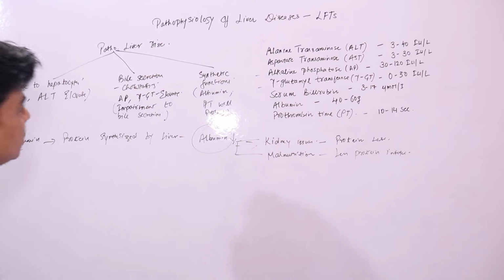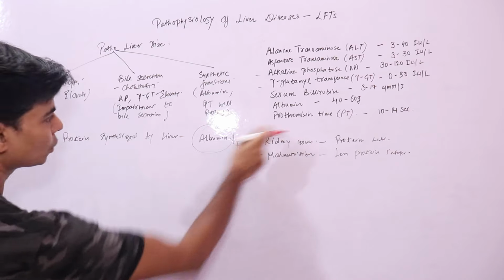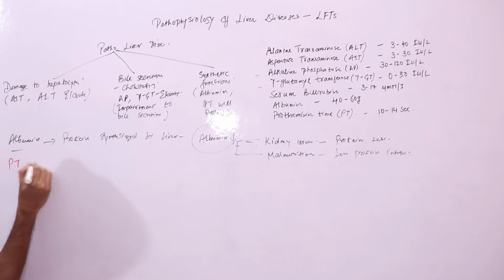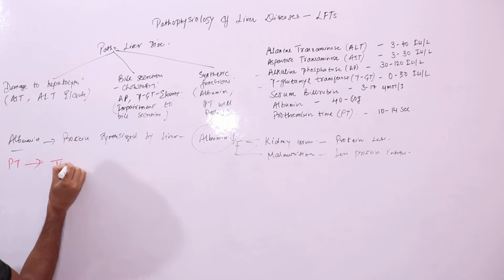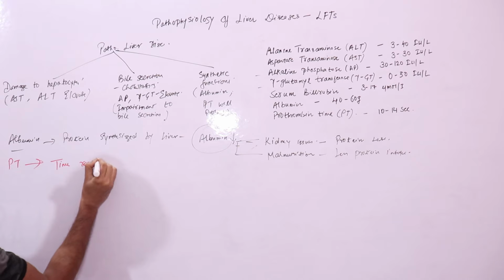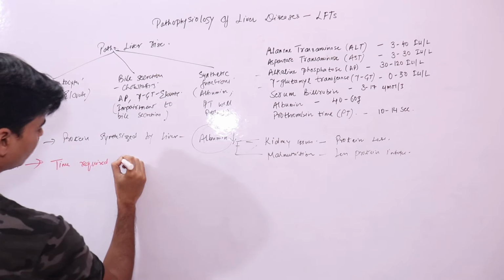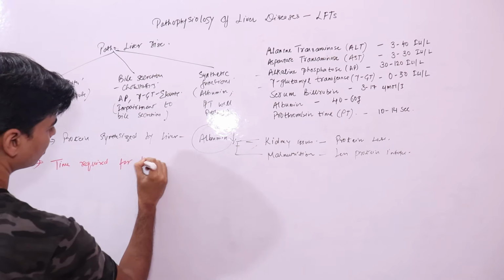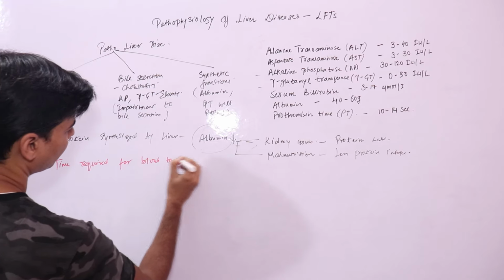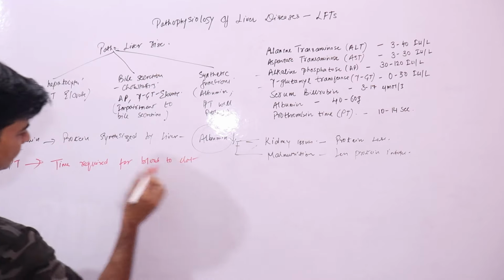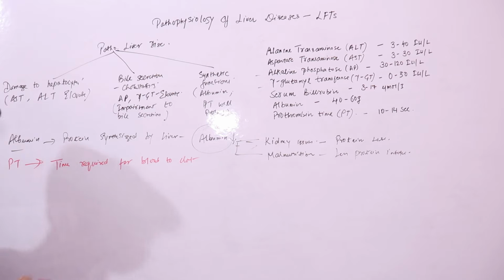And if we talk about the prothrombin time, PT is the time required for blood to clot, right? And we know that the liver synthesizes coagulation factors.